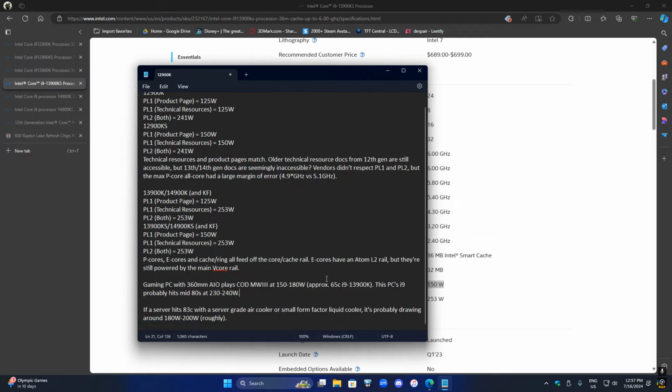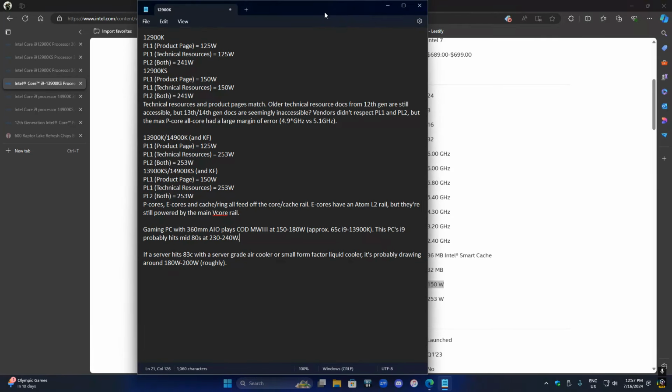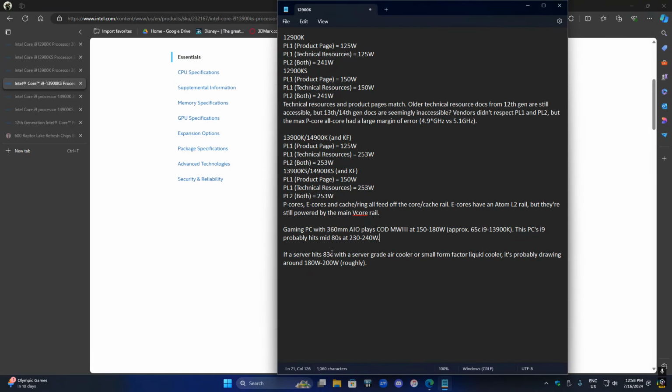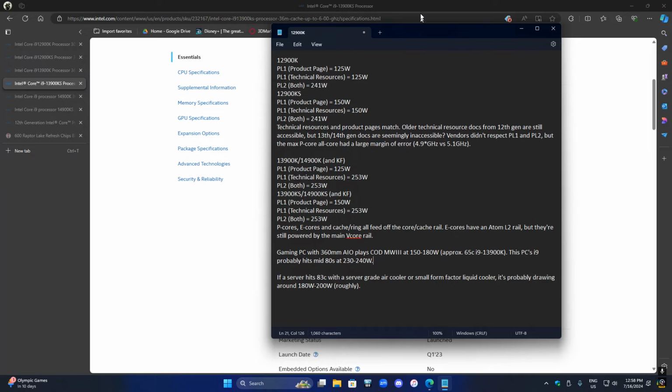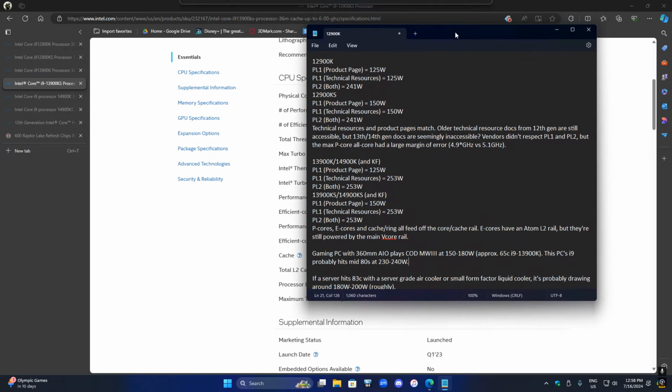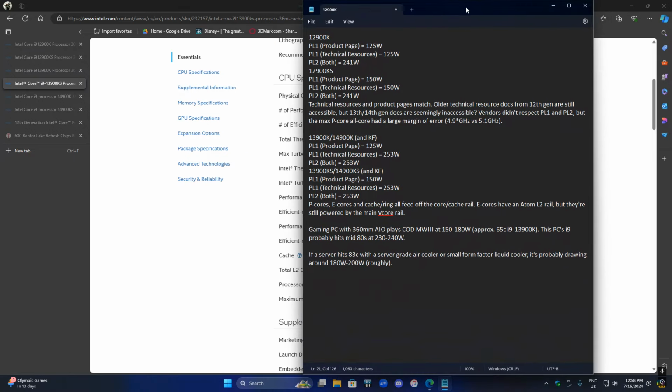So what does this mean? It means these server CPUs are hitting in the high 100s of wattage for a prolonged period of time. Now, I can't conclusively say how long, but for a longer than short duration period of time, right? What does that mean?